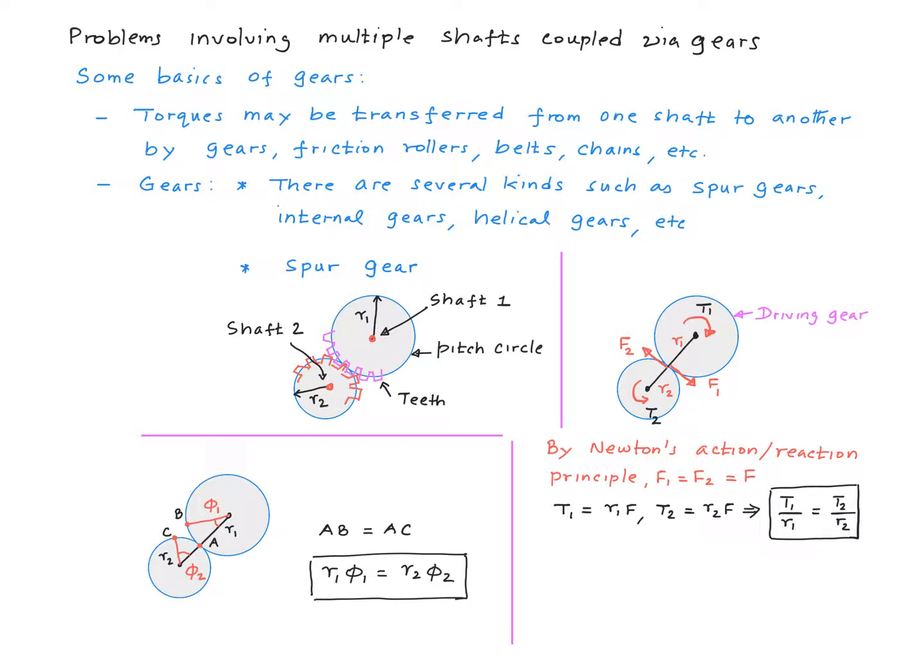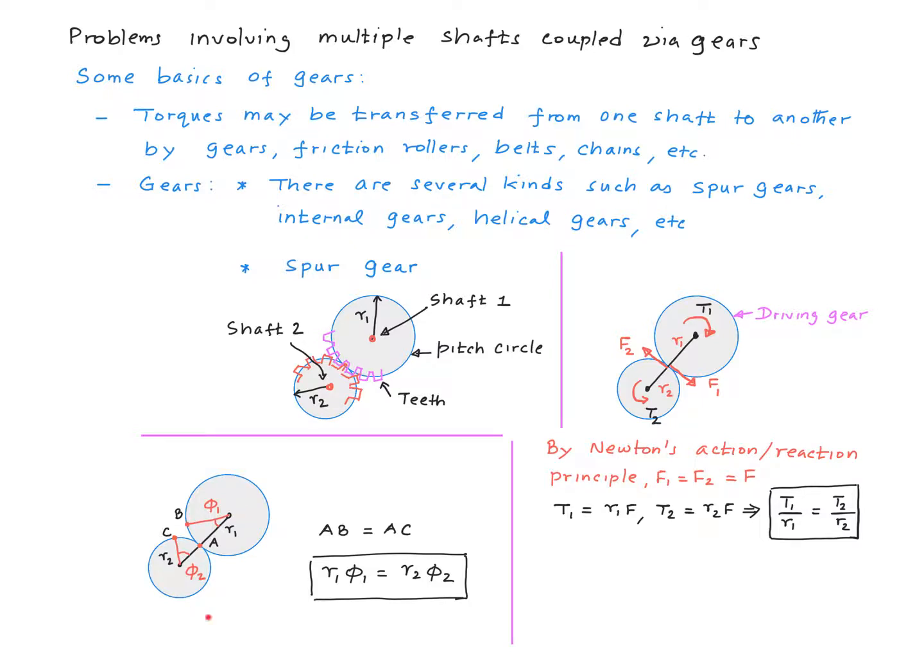Since F1 and F2 are equal to each other, let's call that F. Then T1 must be equal to R1 times F. T2 is then R2 multiplied by F. So from the first equation, F equals T1 over R1. From the second equation, F equals T2 over R2, and therefore T1 over R1 and T2 over R2 must be equal to each other. So this is the first important relation we need to analyze systems involving gears.